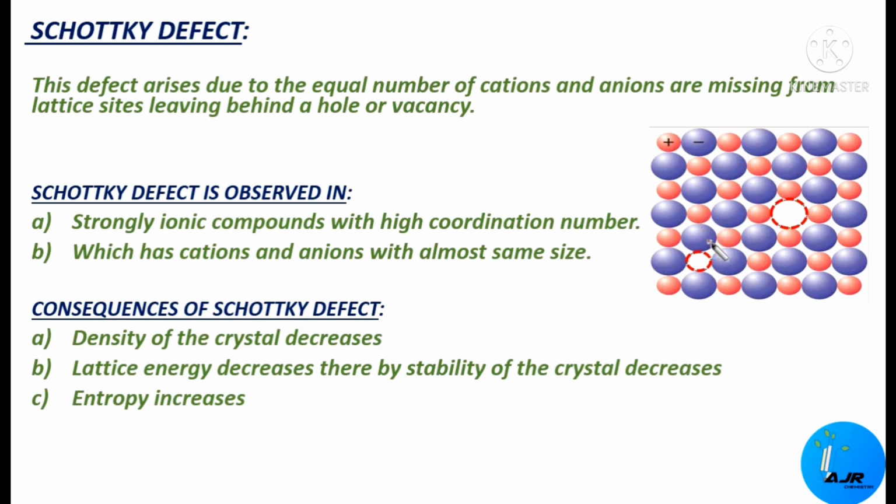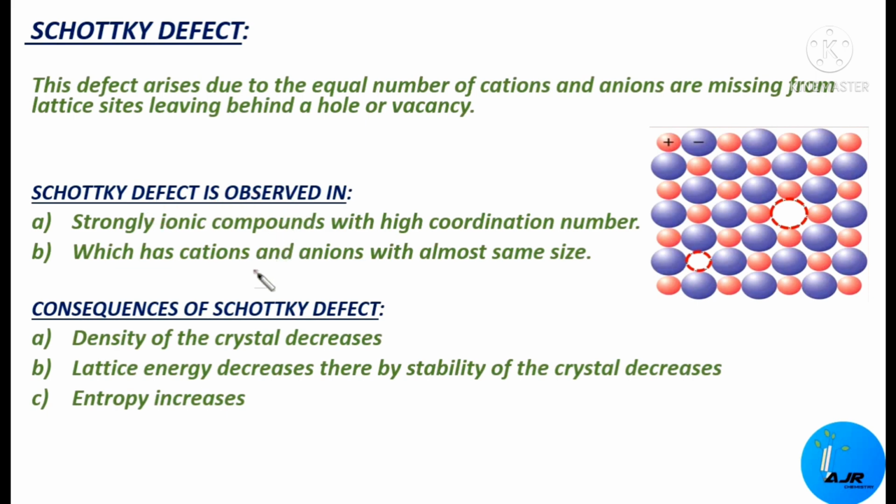If the coordination number of an ionic compound is very high, then we can expect this Schottky defect. The next criterion is cations and anions of almost the same size, not the same size, but almost, with a meager difference. Then we can expect Schottky defect there.